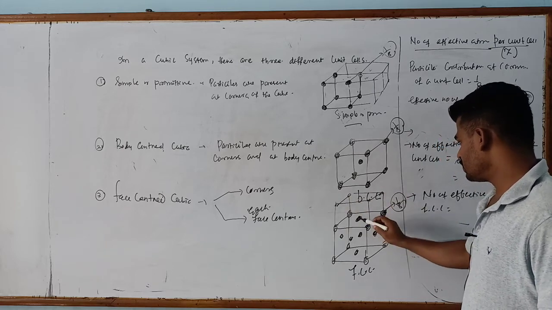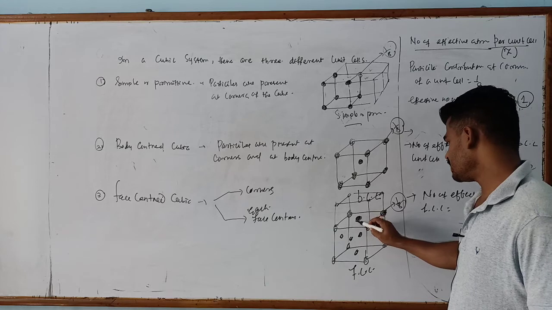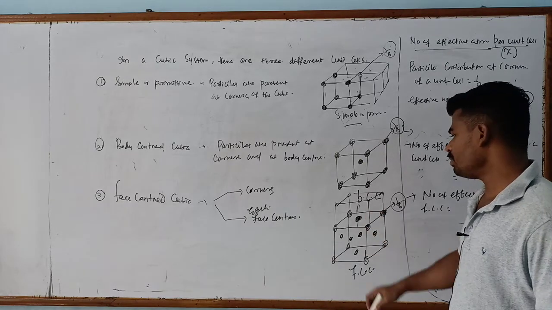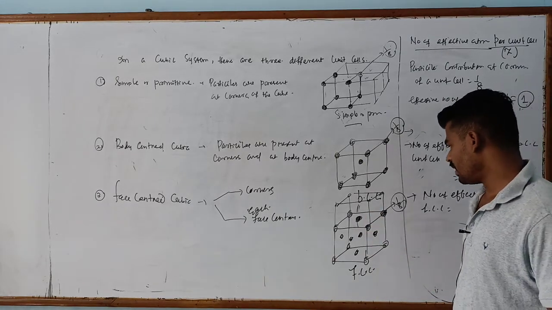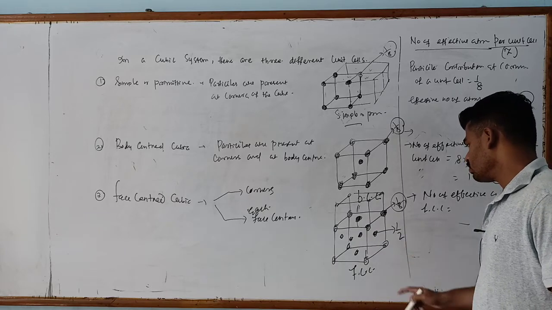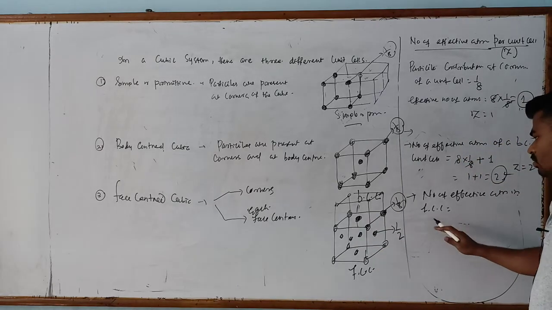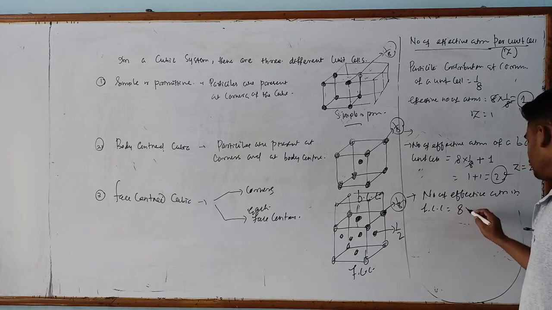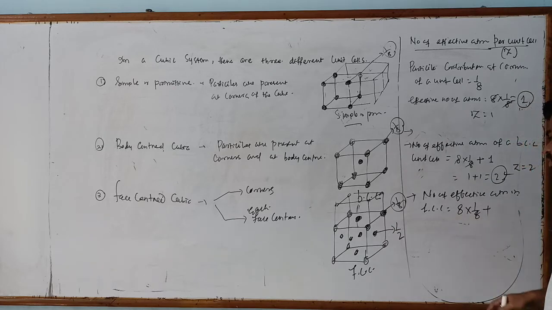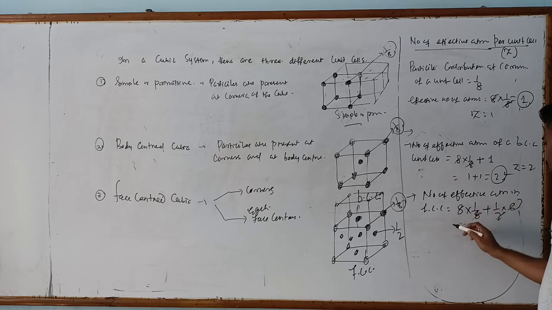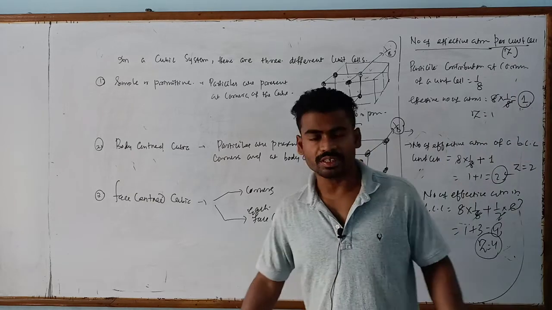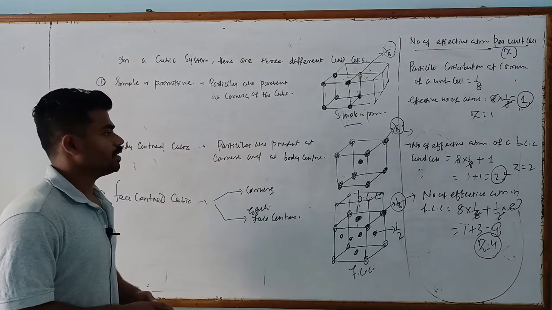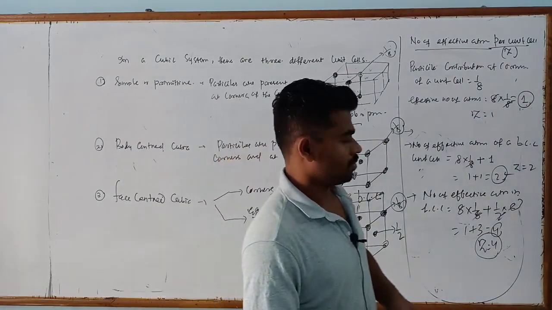So this face center particle is contributed by 2 unit cells, so its contribution towards 1 unit cell will be 1 by 2. How many faces are there? 6 faces. So the particles are 8 into 1 by 8 plus 1 by 2 into 6 faces, that is 1 plus 3, equal to 4. So in case of FCC, Z is equal to 4. The number of effective atoms is 4. Remember it, it is very important.